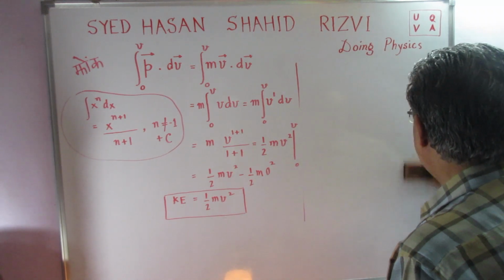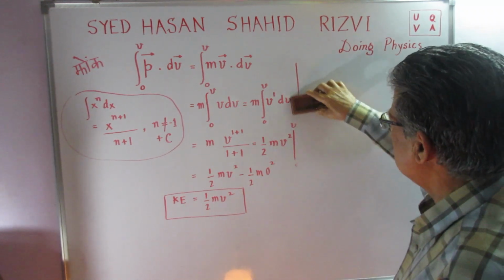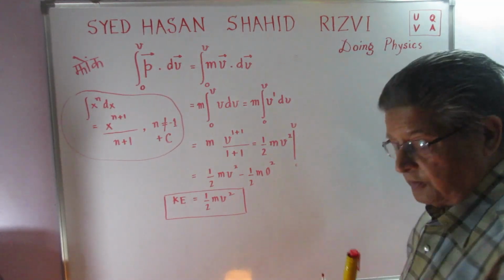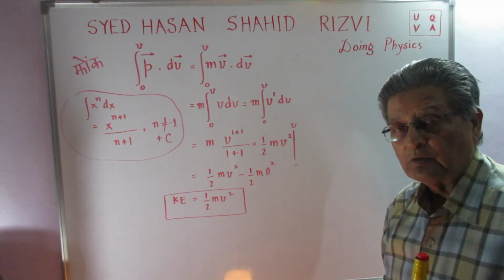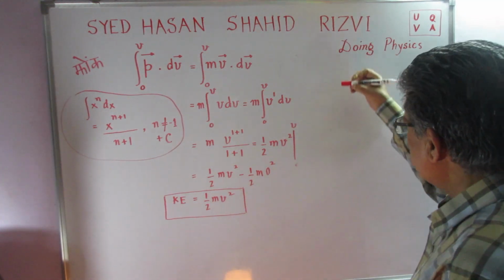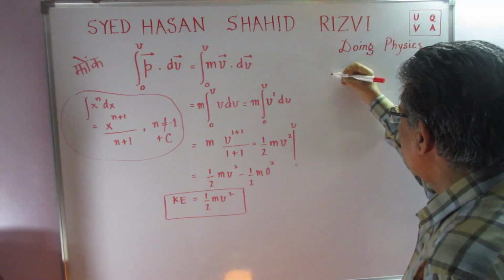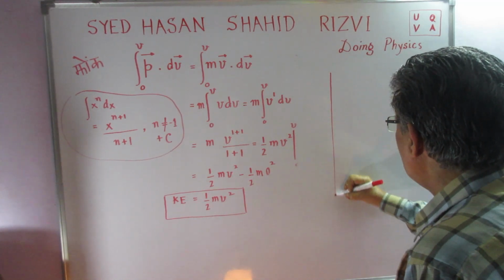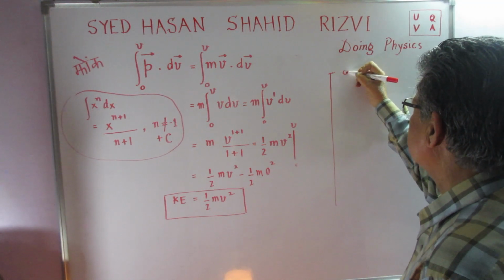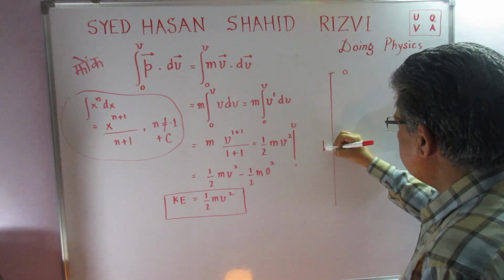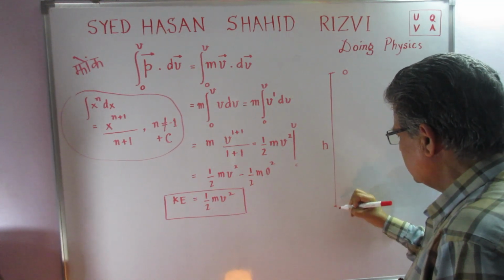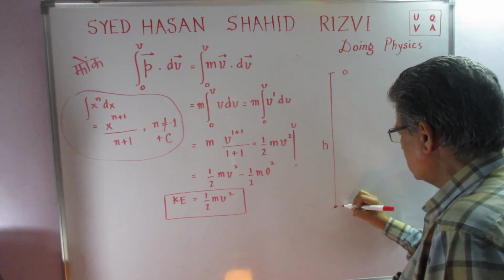In that case, it's very simple. But there is something very, very important which we miss. Suppose I have a ball falling, released from here. The height is h, and this is the ground level where it is going to fall.